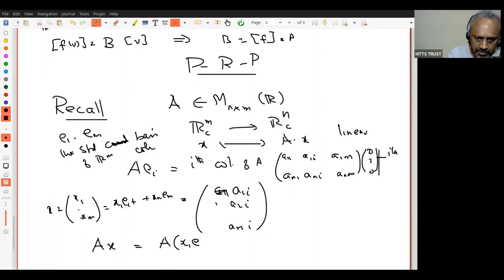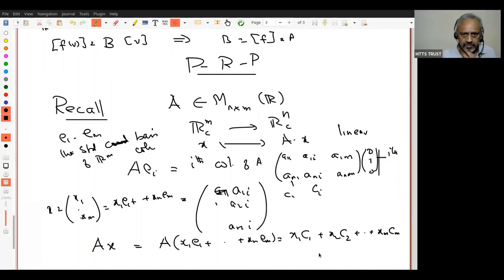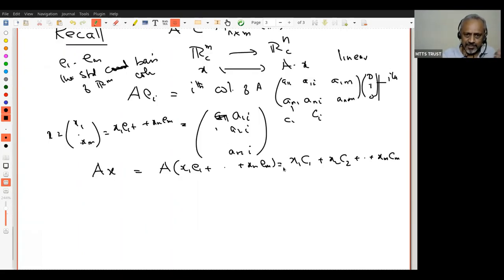We had already seen X1 E1 plus Xm Em, but this is X1 times the first column C1, X2 times C2 and so on, Xm times Cm. We had already seen this under linear maps, but knowing that students usually may not remember, I am recalling the proof. Is that clear? Pause, review, and proceed.